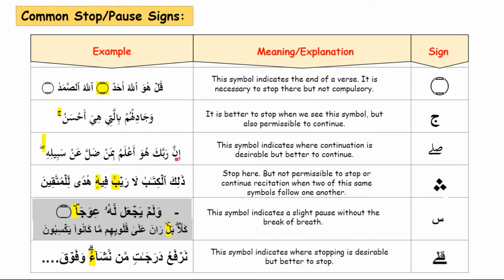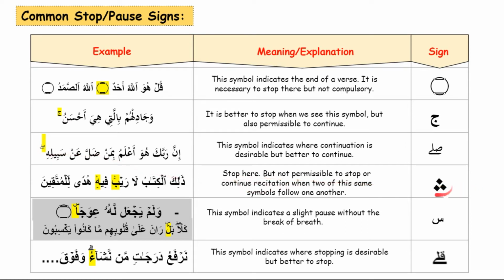So that means it will be Inna rabbaka huwa a'lamu biman dalla an sabilihi wa huwa a'lamu bil muhtadin. That's the completion of that verse. I won't just say a'lamu bil muhtadin to complete that verse. I will take it from وَهُوَ أَعْلَمُ بِالْمُهْتَدِينَ to complete that verse.